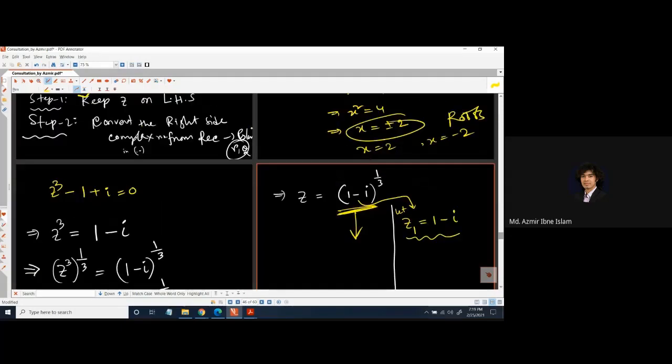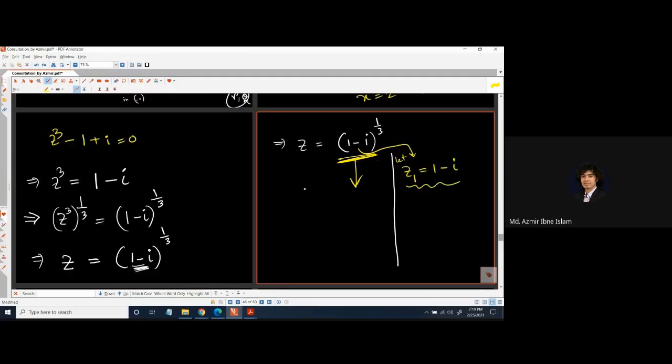I have already mentioned in step 2. Just to convert this one to polar form, we need to write just like this, r e to the power i theta. So this inside quantity that is in rectangular form should be converted to polar form with power 1 by 3. So now our target is to find r and theta.